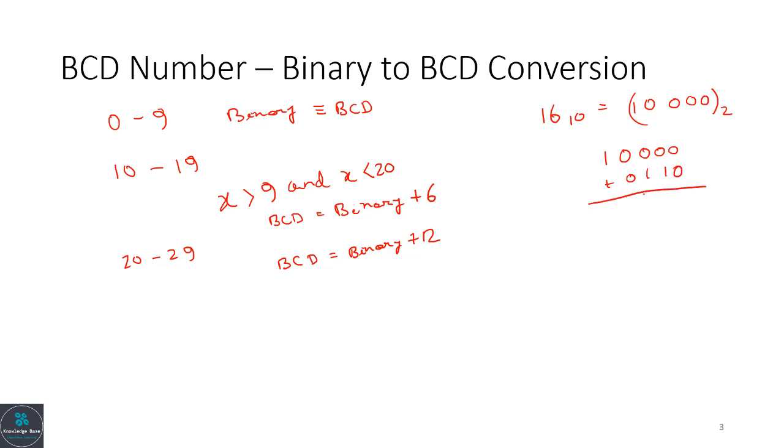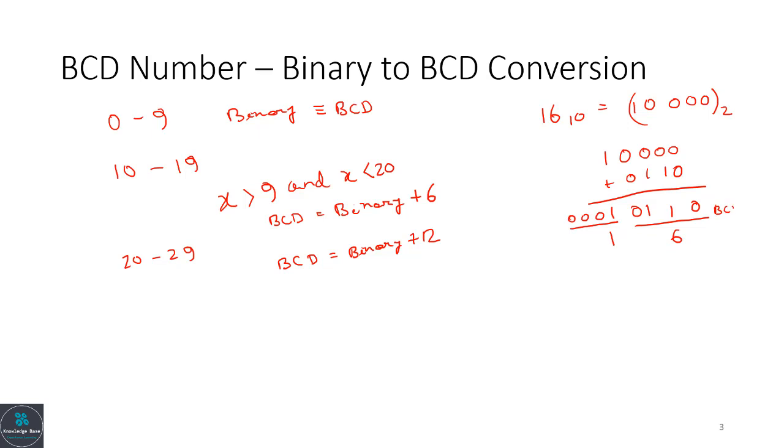If we perform that addition, we will get 10110. So this is 0110, which is 6, and the leading 1. If we pad three front zeros, it will not change the number, so I will get 16, right? So this is the BCD value.